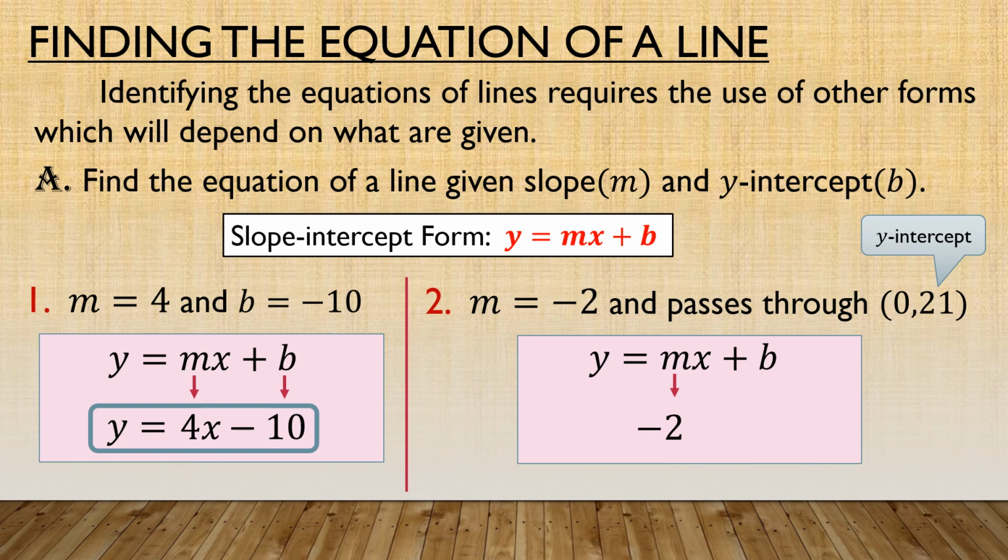The value of m is negative 2, and the value of b, which is the y-intercept, is 21. So we have y equals negative 2x plus 21. It is now our equation. So kapag binigay yung slope at saka yung y-intercept, of course, we will use the slope-intercept form.